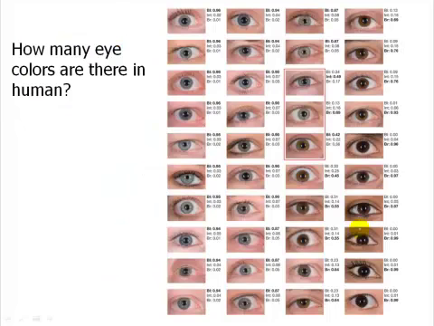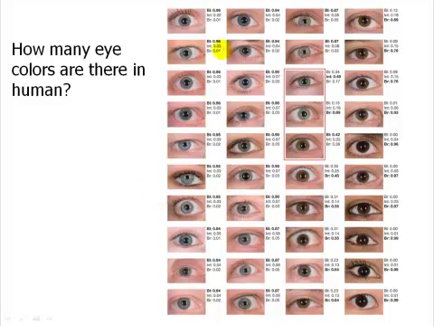Here's a nice depiction of the vast range of human eye colors. It's very often simplified as brown eyes versus blue eyes versus green eyes, and brown is dominant over blue, and so on. But that's actually a vast oversimplification of the genetic determination of eye color, which relies on many different genes that determine not just what types of pigments are going to be made, so do you make brown pigment or not, but the amount of pigment that gets made, the pattern in which it gets distributed in the iris of the eye, and other structures that are present that may scatter the light being reflected from the eye in different ways.